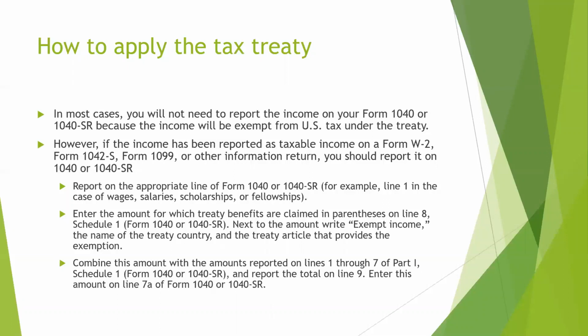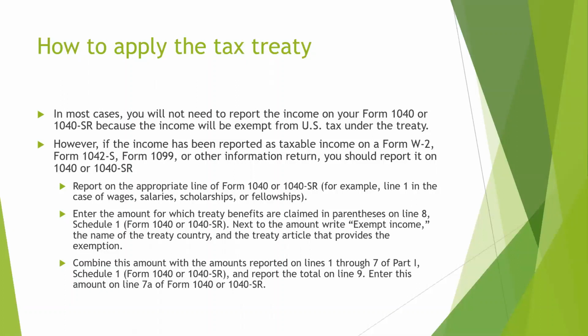So how to do that? First, you need to report the amount on the appropriate line of Form 1040, for example, line 1. Then you need to enter the amount for which treaty benefits are claimed in parentheses on line 8, Schedule 1.